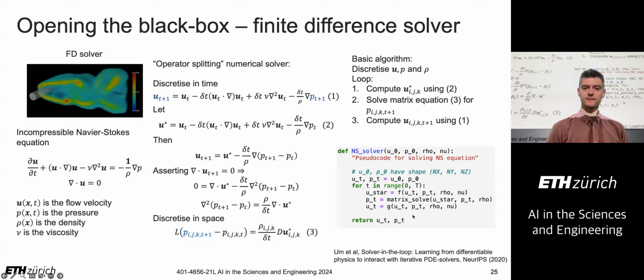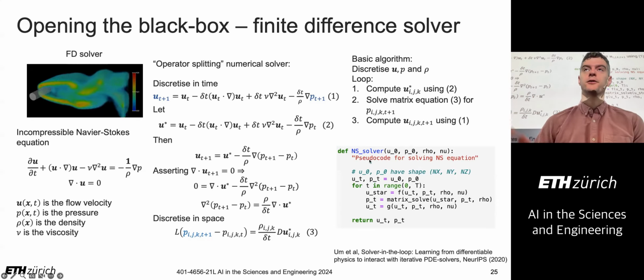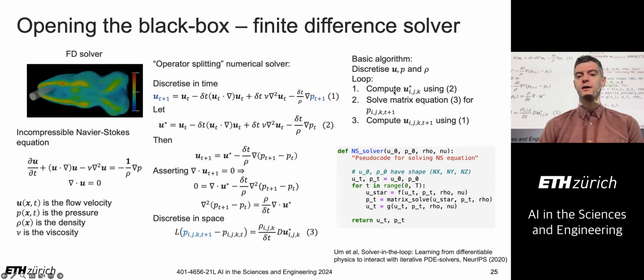So to time step and compute the velocity and the pressure as a function of time, at each time step we compute this U star quantity using equation 2. Then we solve this matrix equation at the bottom here for the pressure at time plus 1. And then we compute the velocity at time plus 1 just by plugging all of those quantities back into the first discretized equation.